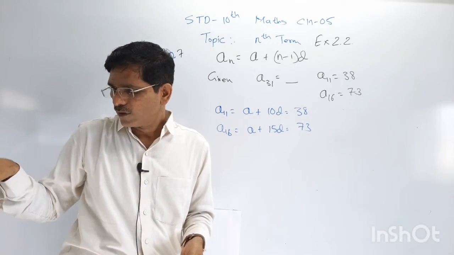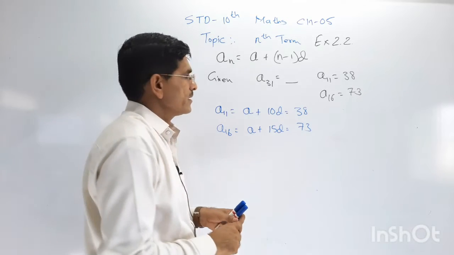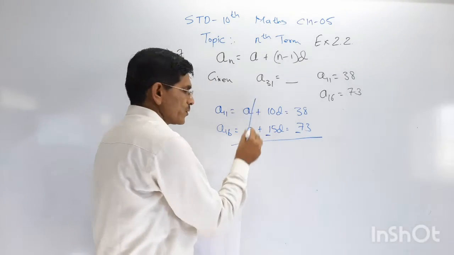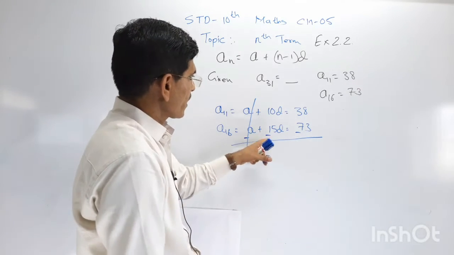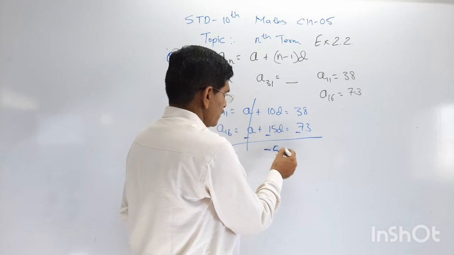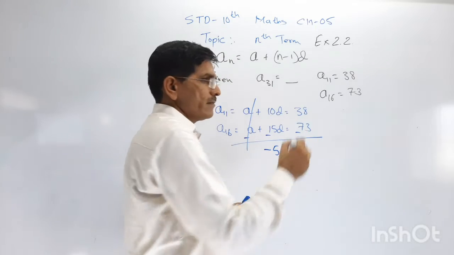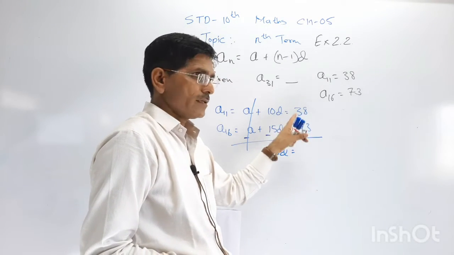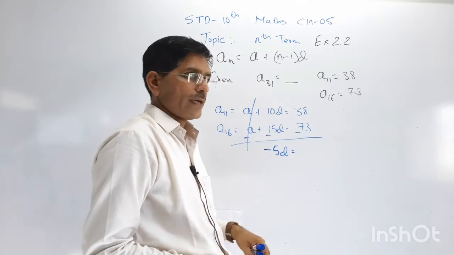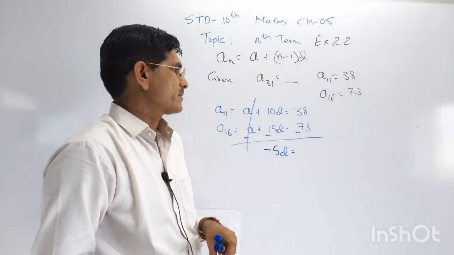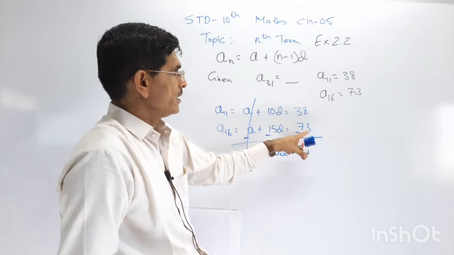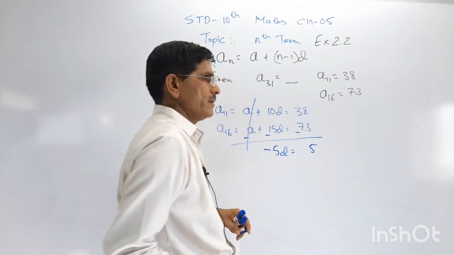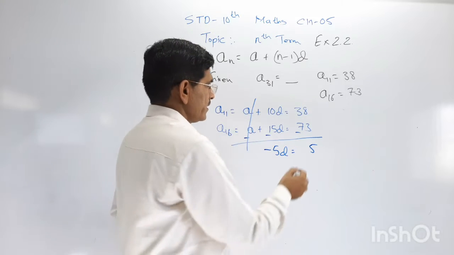Now if I want to change the sign of the equation, that is minus minus minus, so it should be cancelled. Here I get minus 5D. Here 73 minus 38. 13 minus 8 is 5, and 6 minus 1 is 3.